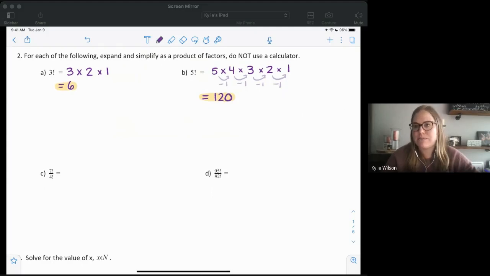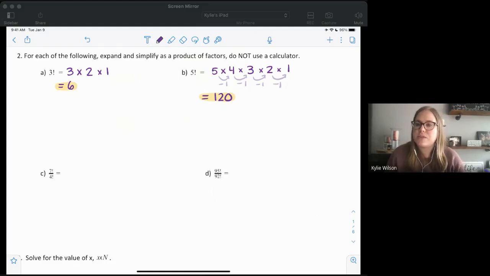Now, sometimes we divide these, and the reason why we're going to practice with dividing these is that when we use formulas that we'll be working with in the next couple days, we have to divide these. And it's actually quite simple to divide them because a lot of pieces cancel out. So for C, I'm going to expand it so some things cancel out. I have 7 factorial divided by 4 factorial.